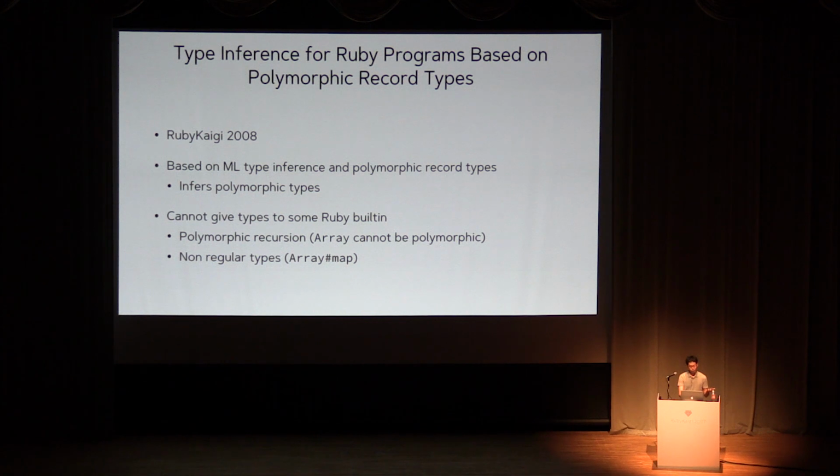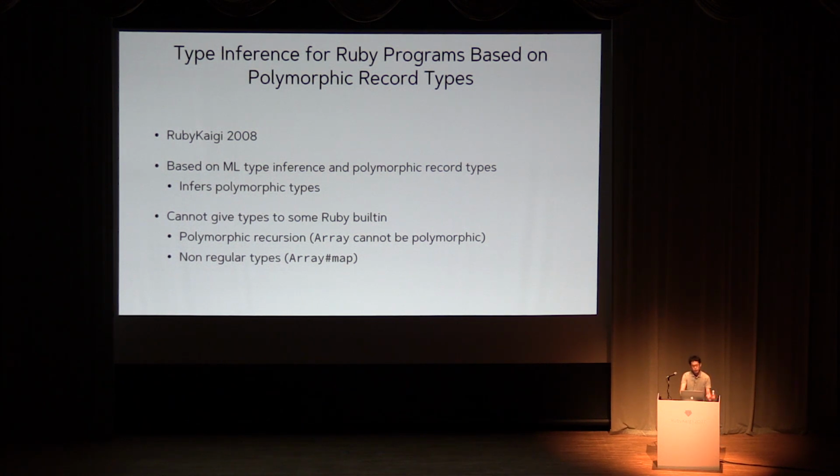So this looks like a great advantage compared with Diamondback Ruby. It doesn't infer polymorphic types, but there are serious limitations also.